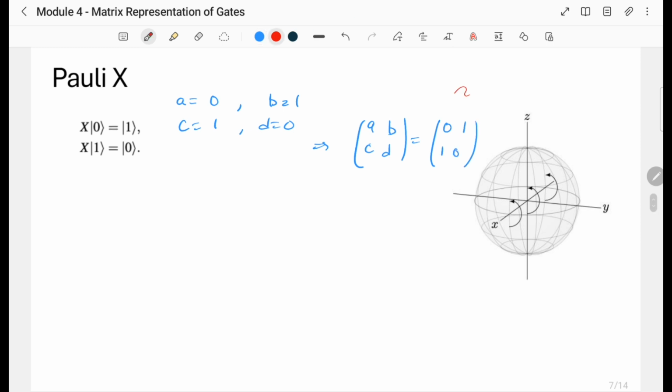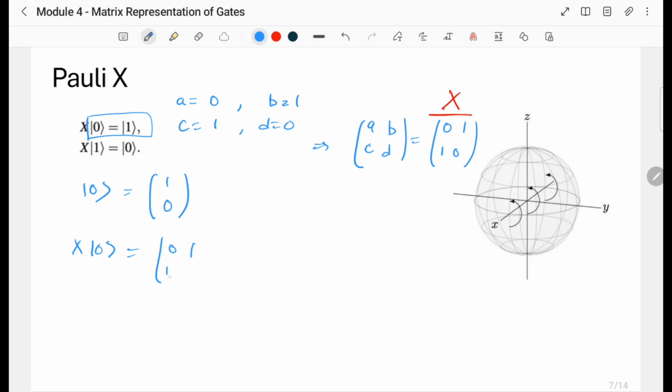So this is our gate X, and let's try to just apply it on our state, let's say 0, just for simplicity. Okay, and you can of course map it using this, but we'll try to apply the matrix representation. So this can be represented as a column vector like this, and let's try to apply the X gate on 0.